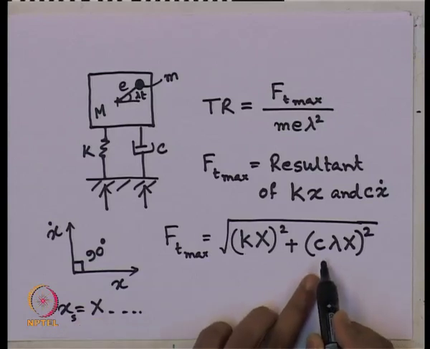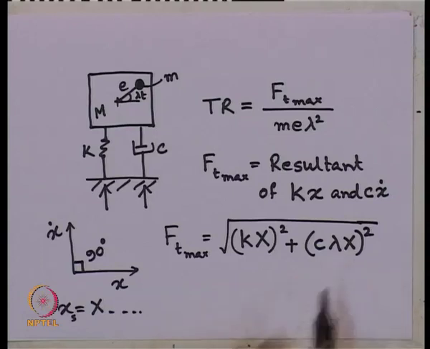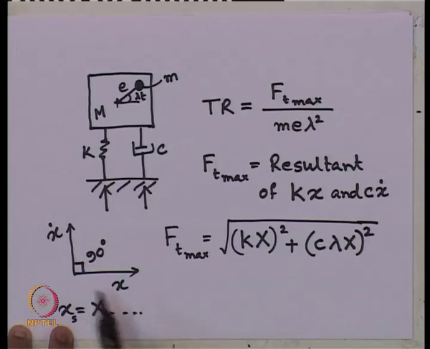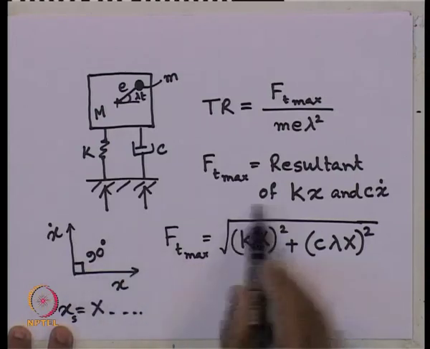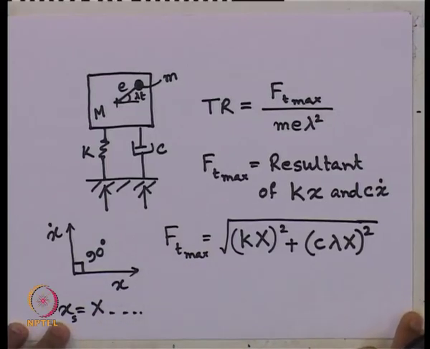So, the maximum value of the velocity will be c times lambda times x. Now, these are the two forces acting orthogonal to each other. So, the resultant of them should be just root over the sum of squares of these two forces. So, that is the maximum resultant force which is getting transmitted to the base of the system.